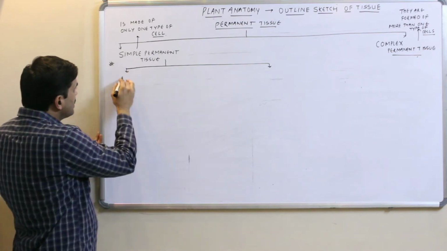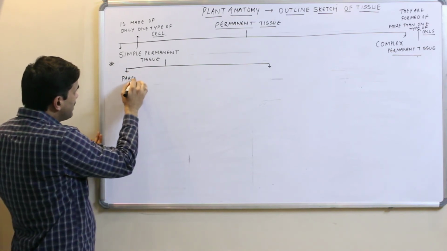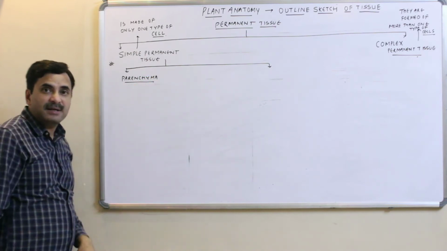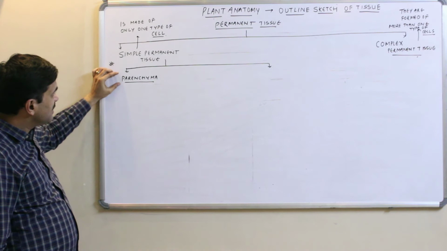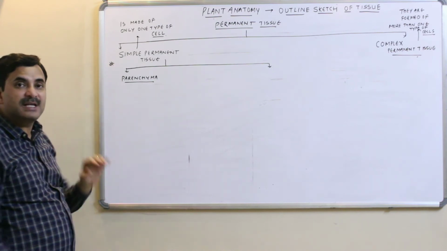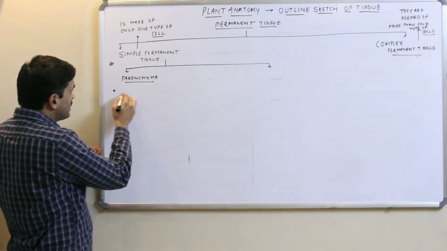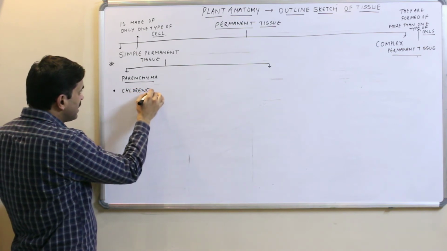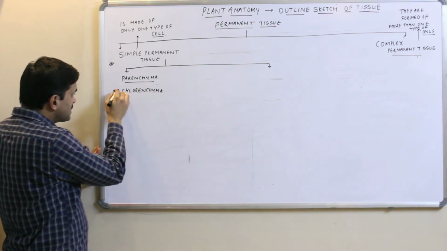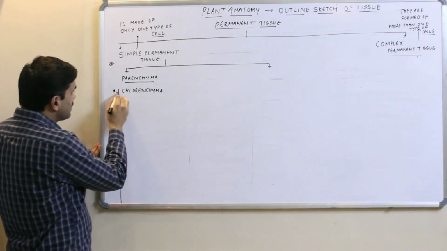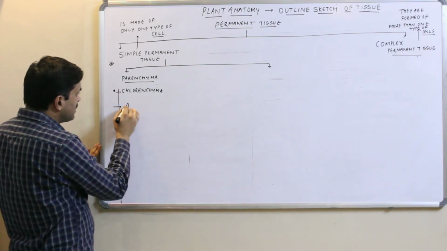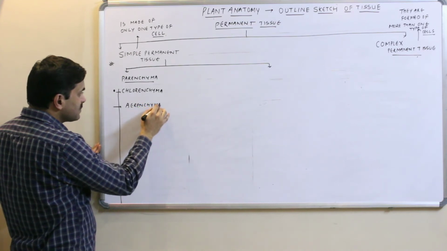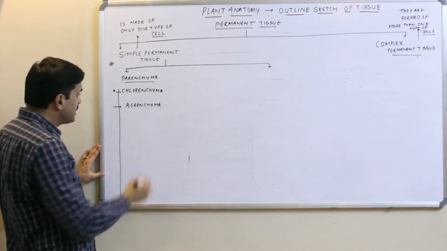Out of that, number one is known as the parenchyma. Right? And this parenchyma is again classified into various types. You might have heard about chlorenchyma. Now parenchyma again has types. The first one is the chlorenchyma. Then the arenchyma. Alright.